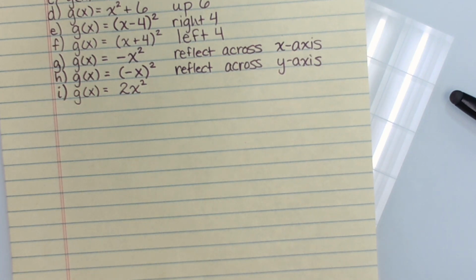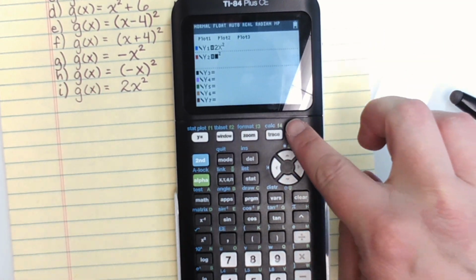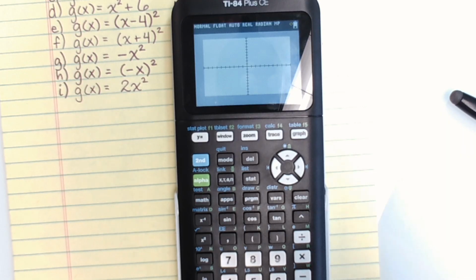What if I put a 2 in front of all of it? And again, I could do this to any of my functions. I'm sticking with x squared just because of time. That's one thing that often gets thought of, is that it kind of narrowed in. But it's not a shrink, actually. You'd think it would be. But when you're doing something to the entire function, you're not looking at its left and right, you're looking at its up and down.